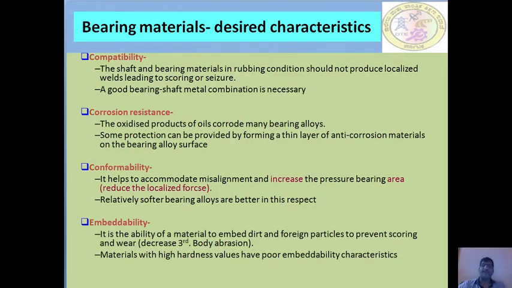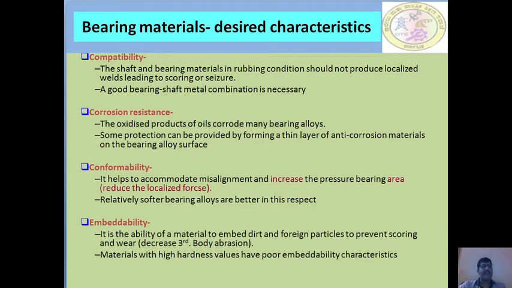Some protection can be provided by forming a thin layer of anti-corrosion material on the bearing alloy surfaces. This may be a little bit costlier process, but we have to use some protection in order to avoid corrosion. Hence, the bearing material should render corrosion resistance.